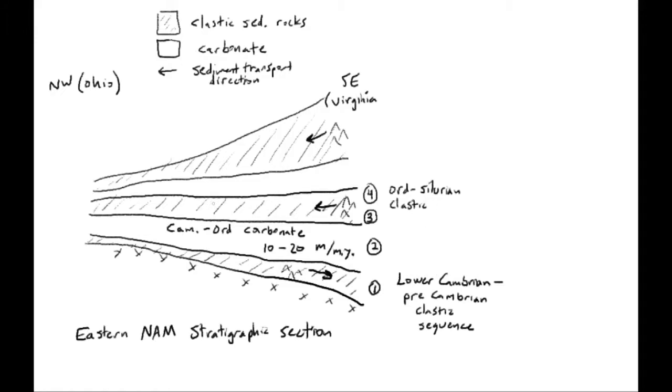And these accumulated a lot faster, at an order of magnitude faster, 200 to 300 meters of sediment per million years. So clearly there's an event indicated by the carbonates getting buried very rapidly in sediments.